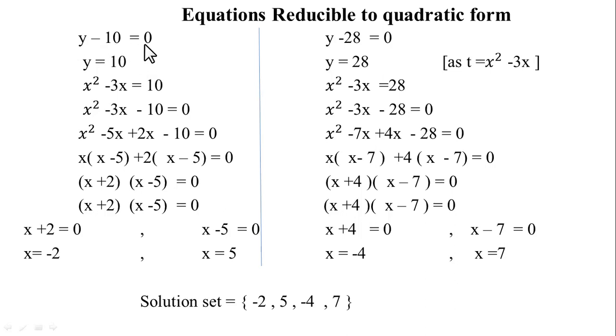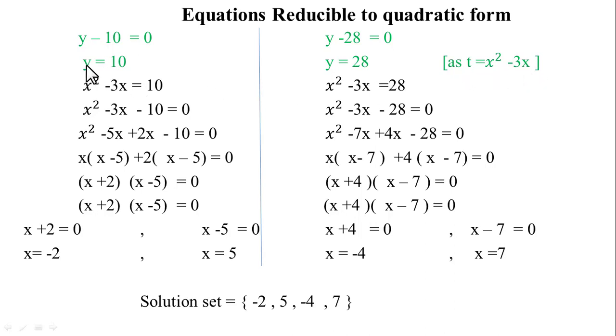Then y minus 10 is equal to 0 or y minus 28 is equal to 0. So we can write that y is equal to 10 and y is equal to 28. Now writing in the original variable x, y is equal to x square minus 3x.